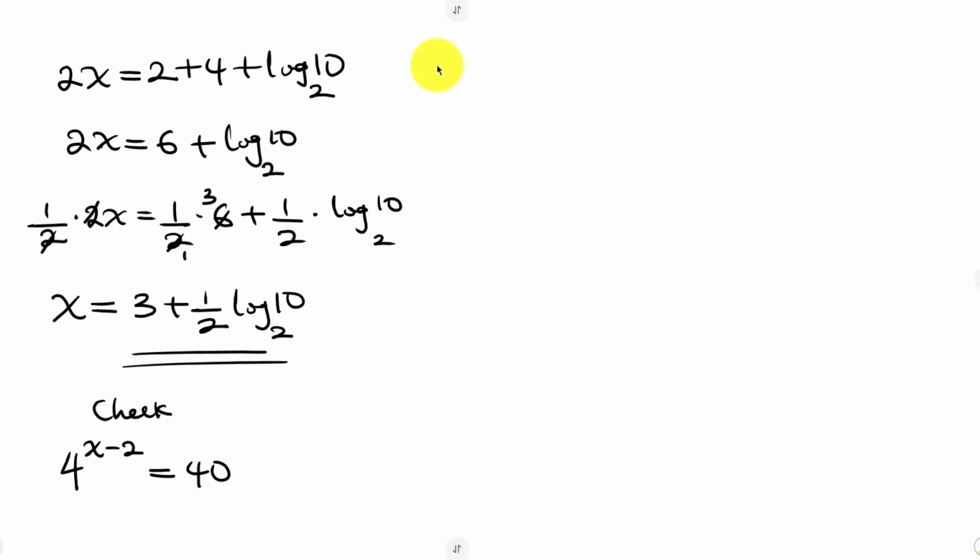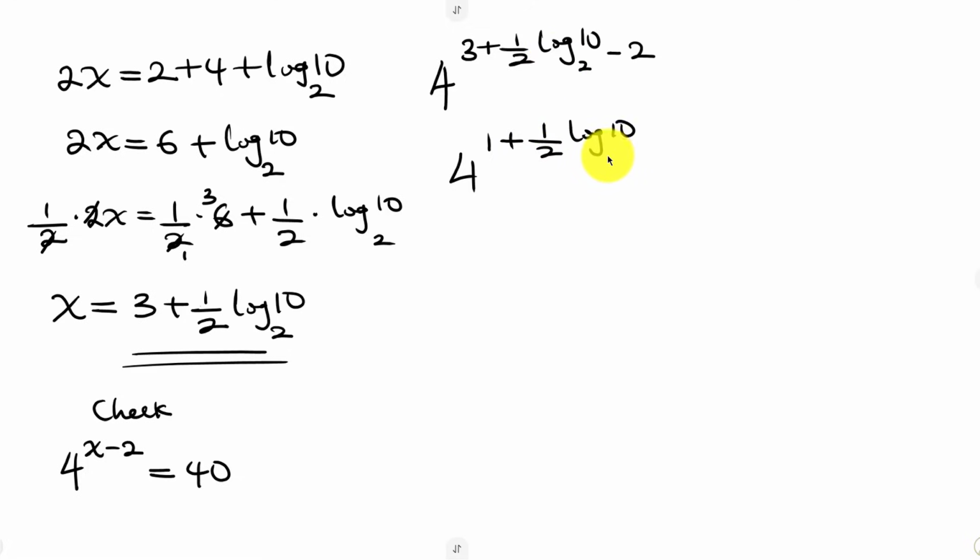So we have 4 to the power of x, this is our x, which is 3 plus 1 over 2 log 10 base 2, and then minus 2. We're checking if we're going to be having 40. Now simplifying, we have 4 to the power of 3 minus 2, that will be 1, plus we have 1 over 2 log 10 base 2.